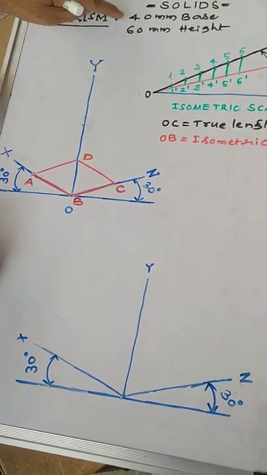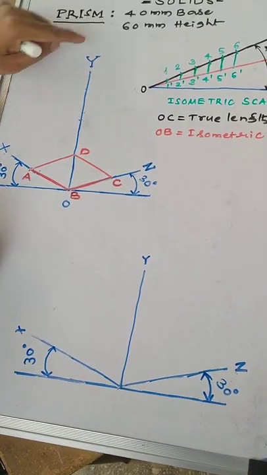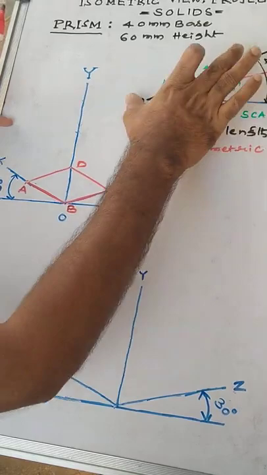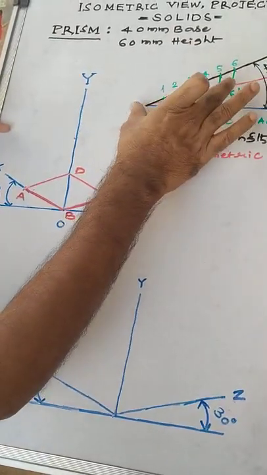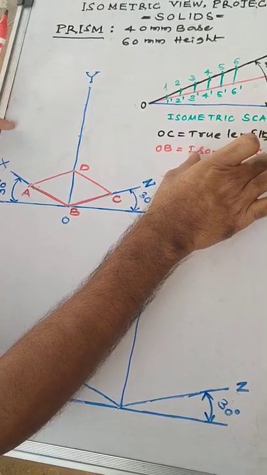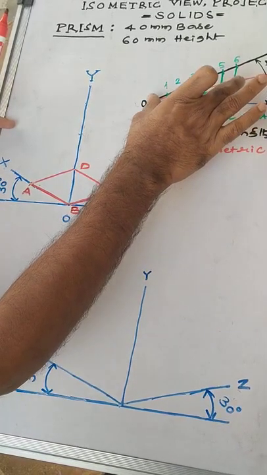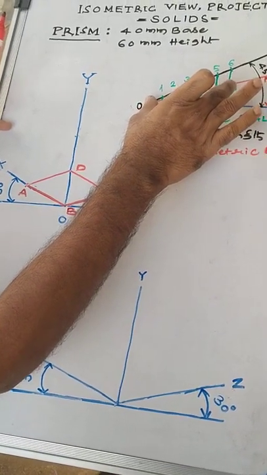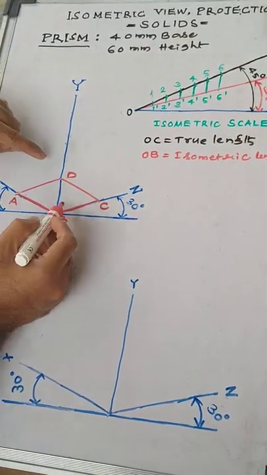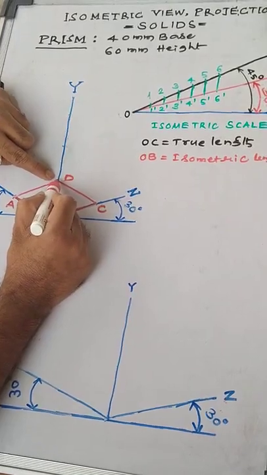What is the prism height? 60 mm. So 0 to 6 is going to be 60 mm. 0 to 6 dash is going to be the isometric length. I am considering 0 to 6 dash length from D point.